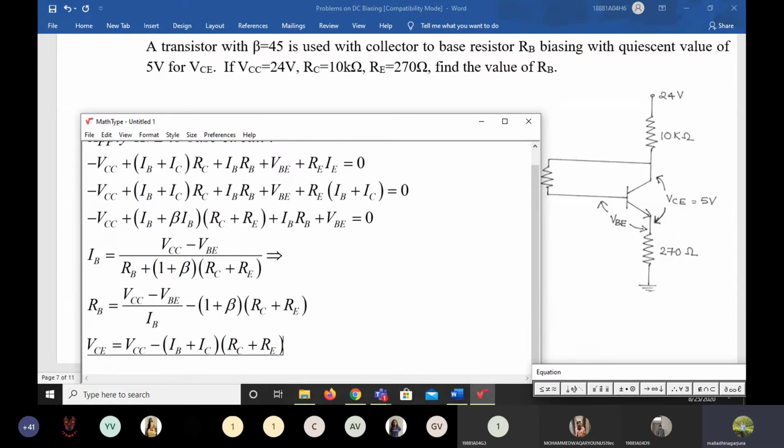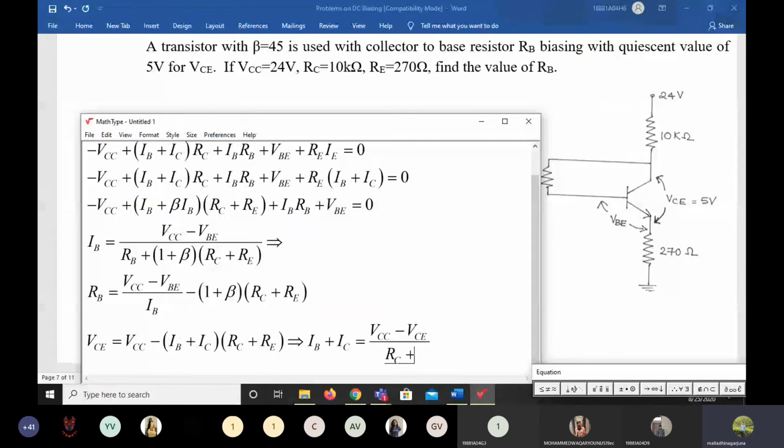From this you know the VC value, the VCC value, the RC value and the RE value. From only here you can calculate IB plus IC equal to (VCC minus VC) divided by (RC plus RE). So from this you'll get it.